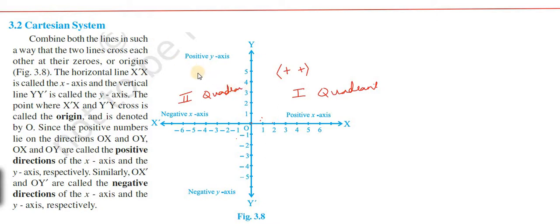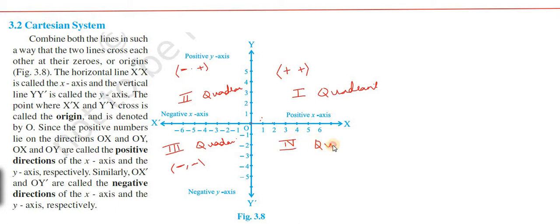In this, the x-coordinate is negative and the y-coordinate is positive. Here it is the third quadrant, and here it is negative comma negative. Then here it is the fourth quadrant.